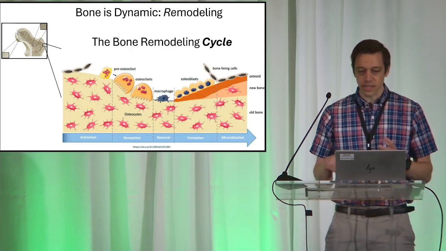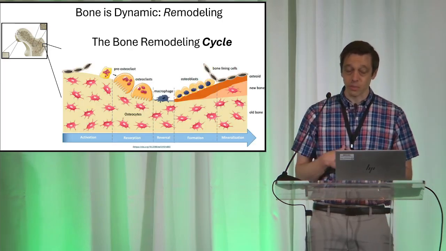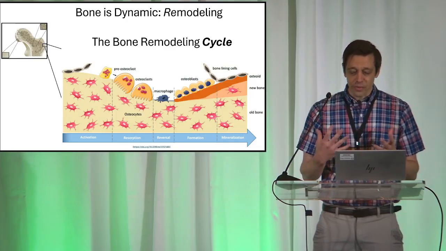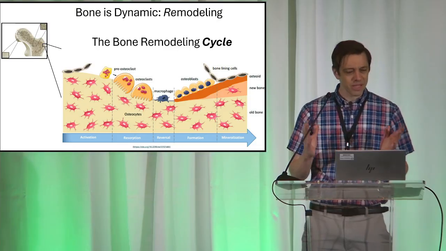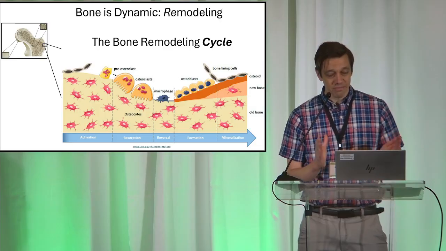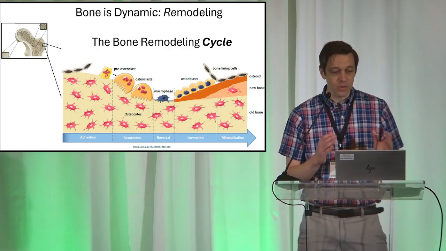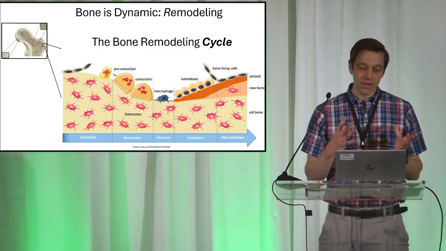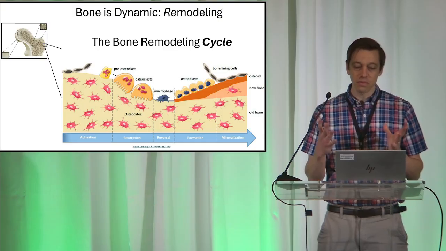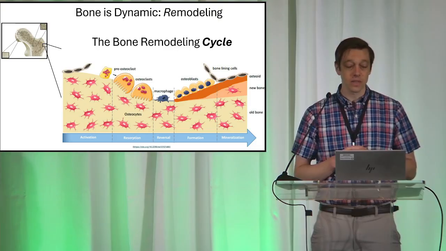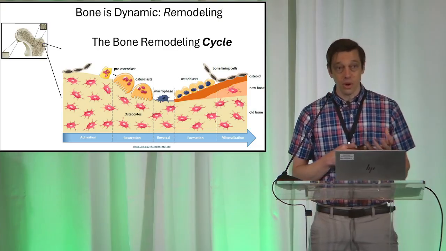So to dig into this a little bit more, to talk about the bone remodeling process, we have within our bones a long period of quiescence. If you take any section of bone or any bone surface in your body, after that period of no change in growth, we reach an activation phase when we start to have new osteoclasts come into play.